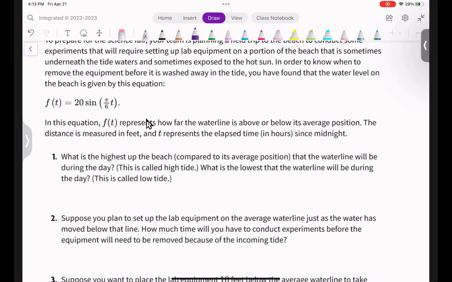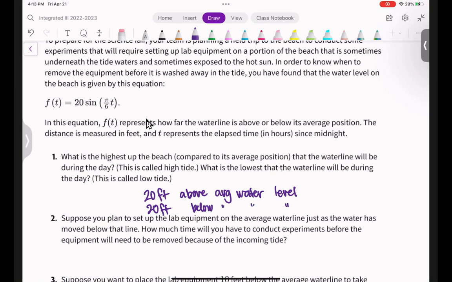Hopefully you said the amplitude number, which is 20. So it's either going to be plus 20 feet above the average water level or minus 20 feet below the average water level, right? So I'm going to put 20 feet above average water level and then 20 feet below.